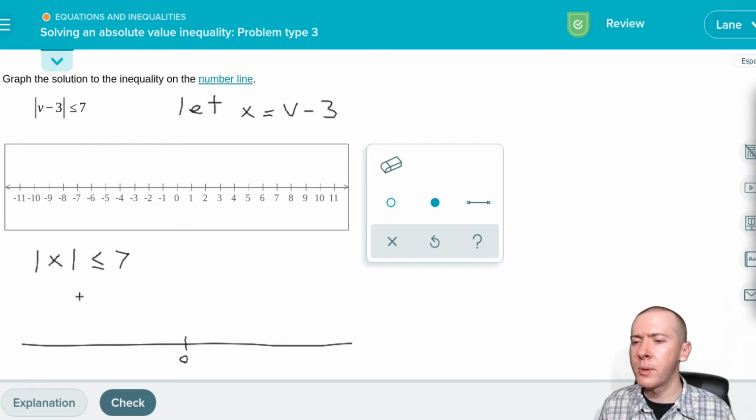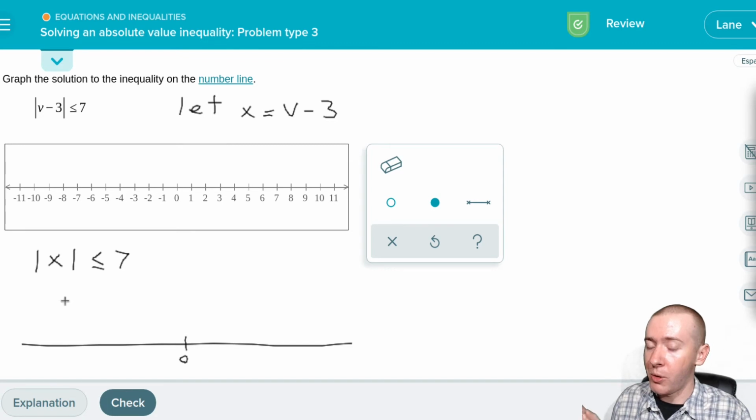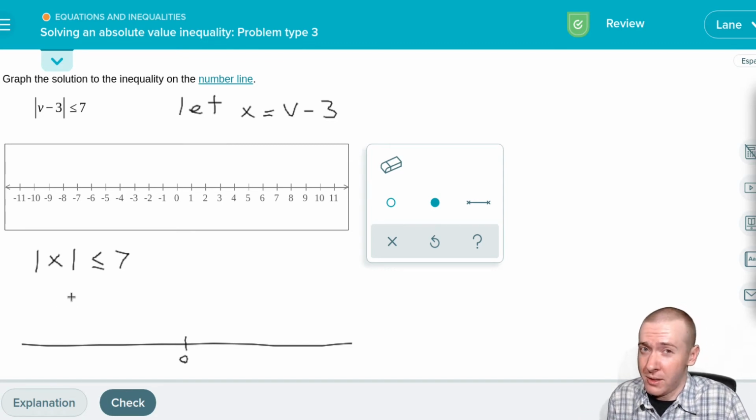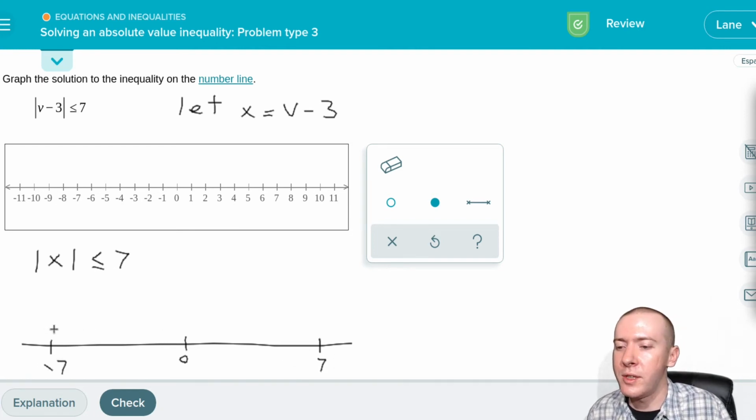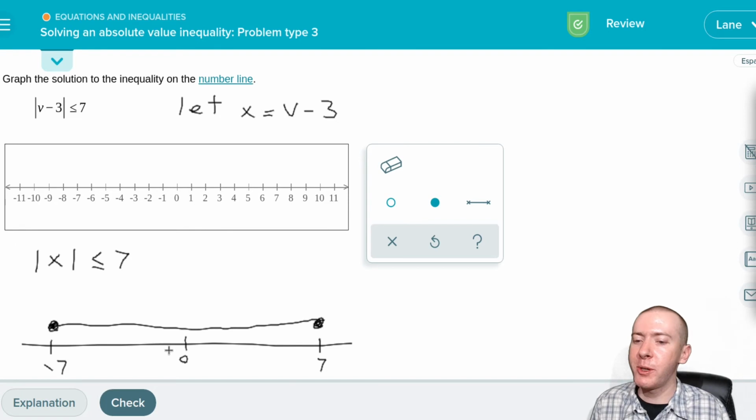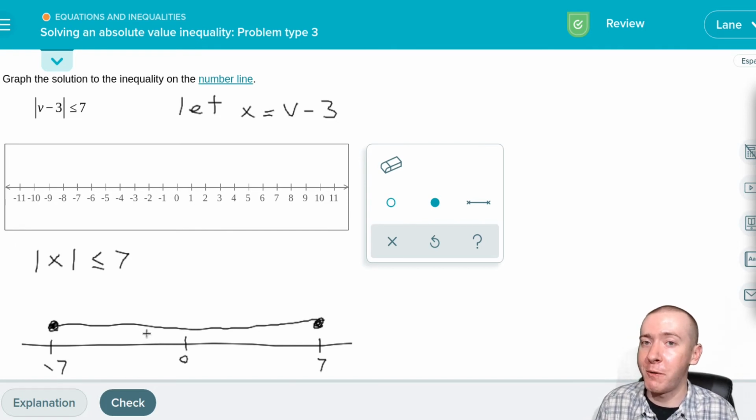This means those numbers that are closer than or as close as 7 to 0. So these are the numbers that are in between -7 and +7. Every one of these would have a distance from 0 of at most 7.